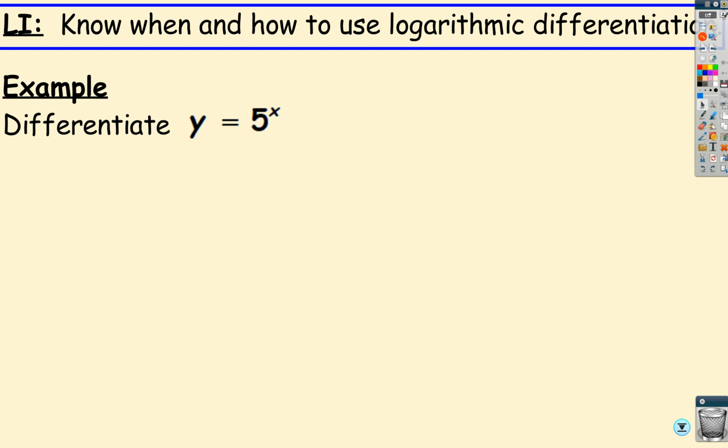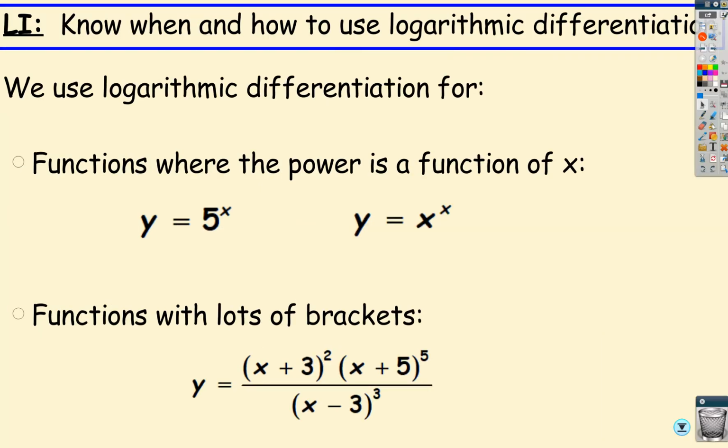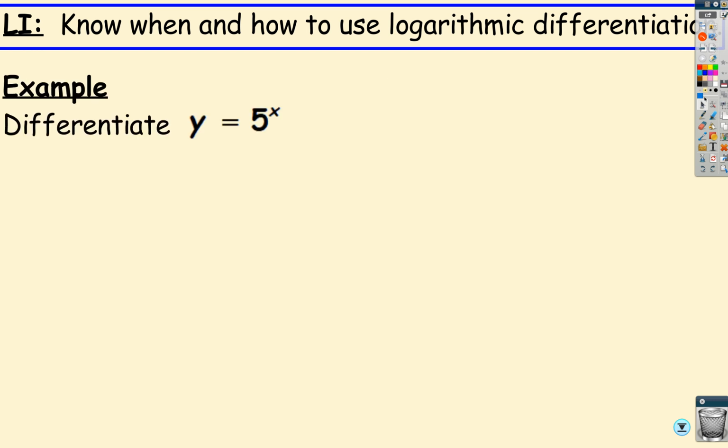So log y equals log 5 to the power of x.